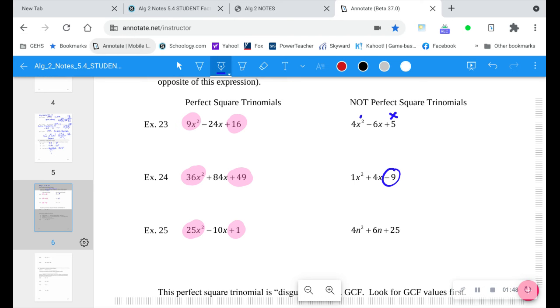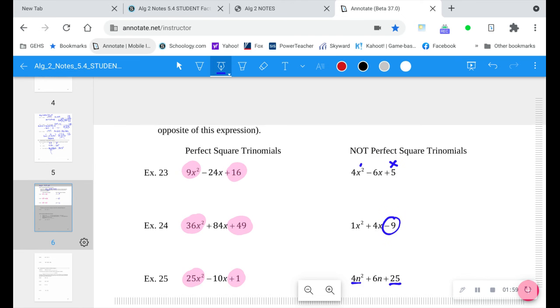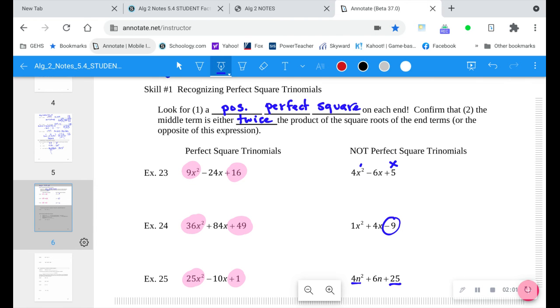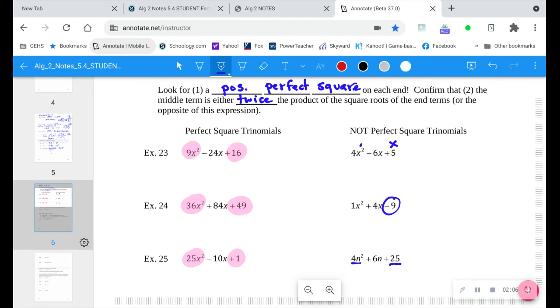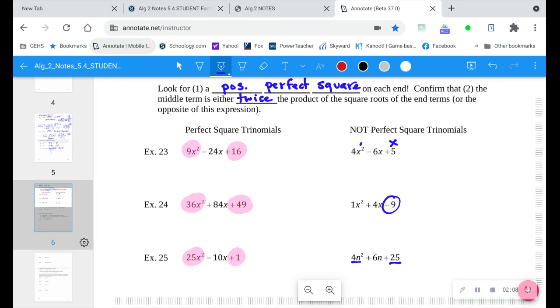Now, the next here is a little different. It's got a perfect square on each of these. So we have to reject that one for a different reason. Okay, so I'm going to show you what the second condition is. The middle term has to either be the positive version or the negative version of the square roots multiplied together.